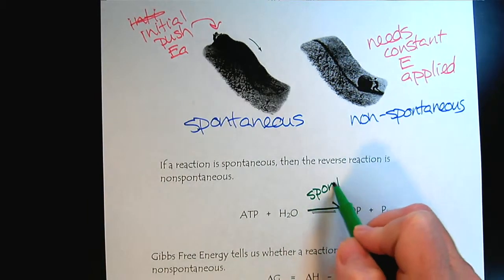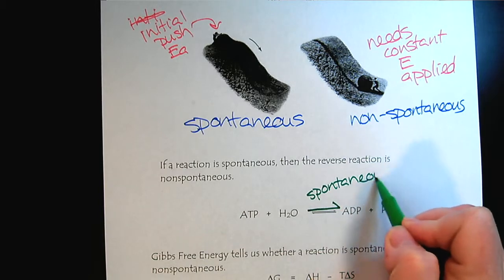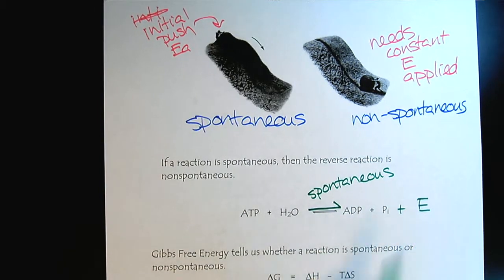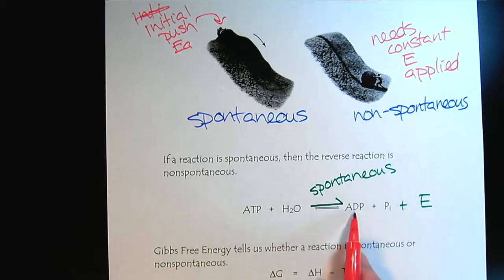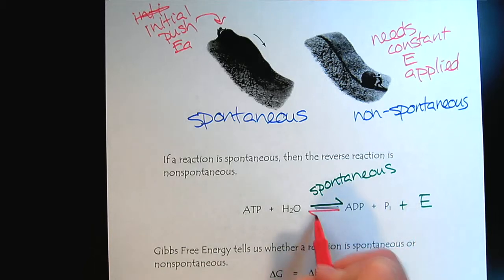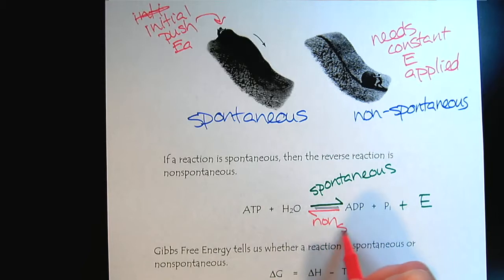So we'll start using green, and that means that energy is released. So then the reverse process, to take ATP and bond it to phosphate, we would have to put energy in, non-spontaneous.